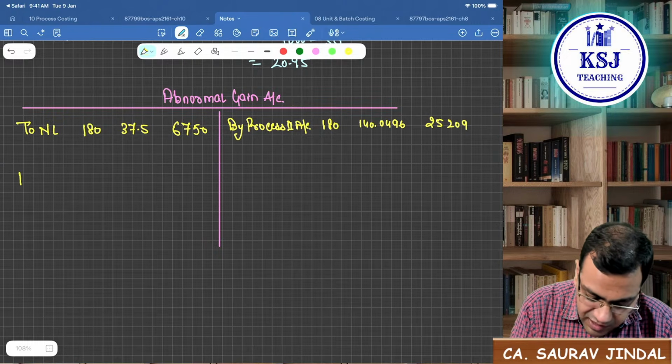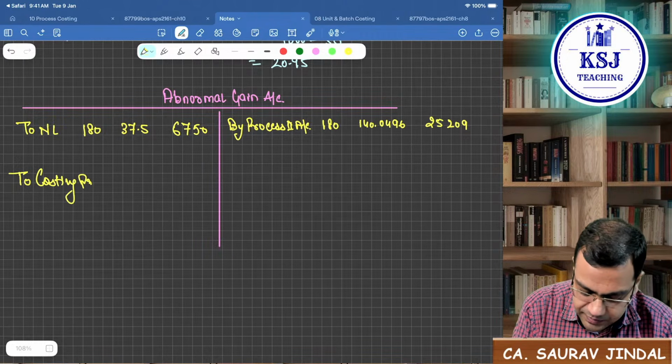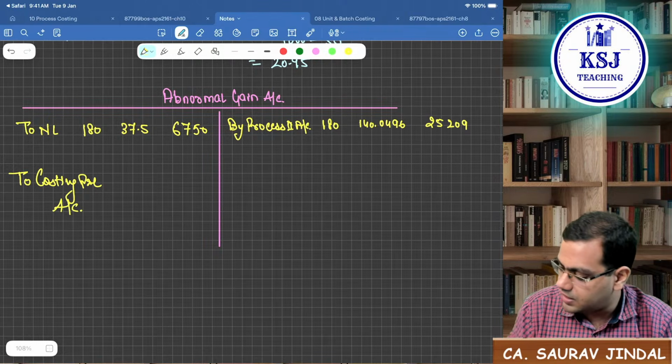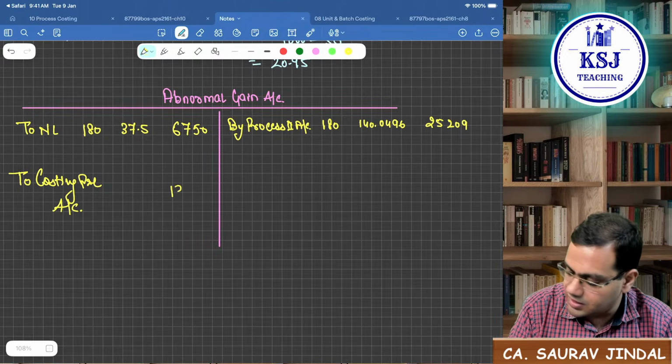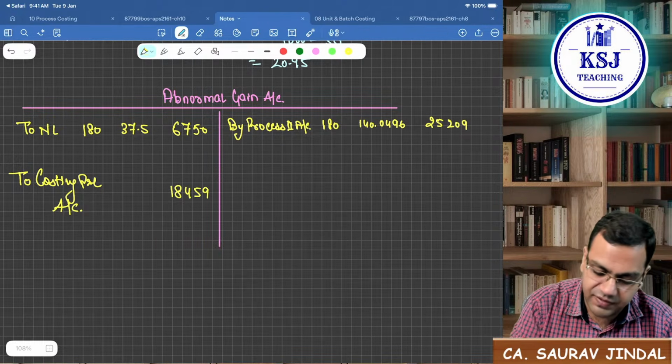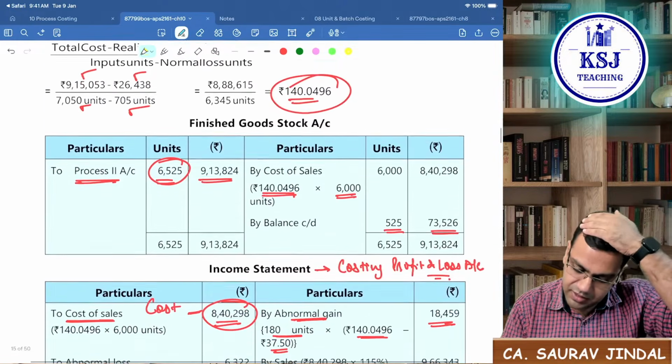The remaining value will be taken to costing P&L account, that is 25,209 minus 6,750, that is 18,459.